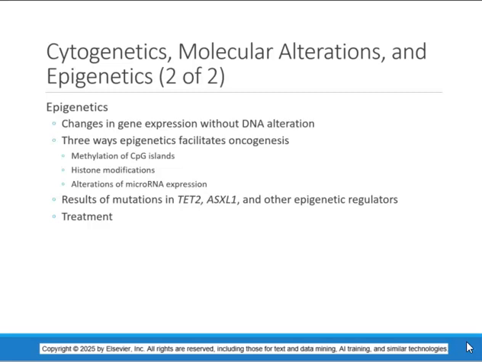So we get into the epigenetics. In other words, gene expression without change to the DNA. What is going on? Why is the DNA telling the changes in these cells?